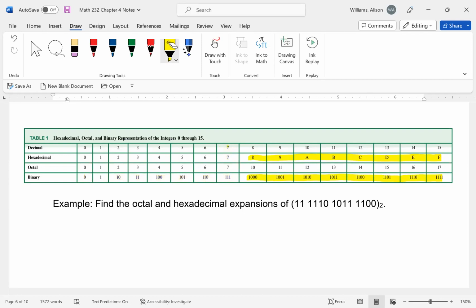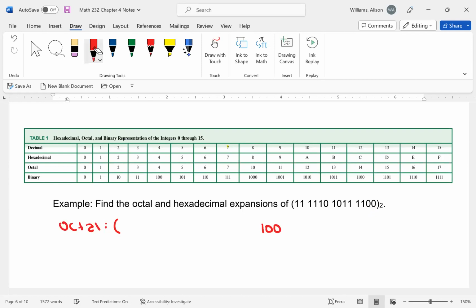Okay. So here's what I'm saying then. If I want to easily find this in octal, let's start with octal. I want to think of this number in groups of 3s. Currently it's done by 4s, which means it's set up for hexadecimal, but we're going to regroup it so it's by 3s. Here's how that's going to look. I'm going to start with the last digits over here, and take that 100. That's going to be the first number I convert.